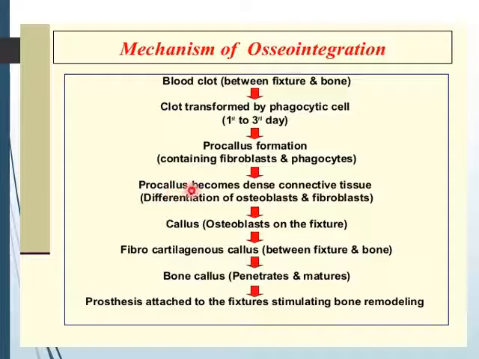Then the procallus becomes dense connective tissue, with differentiation of osteoblast and fibroblast cells. Then the callus forms osteoblasts on the fixture. Then the fibrocartilaginous callus forms between the fixture and the bone. Bone callus penetrates and matures. A prosthesis attached to the fixture stimulates bone remodeling.